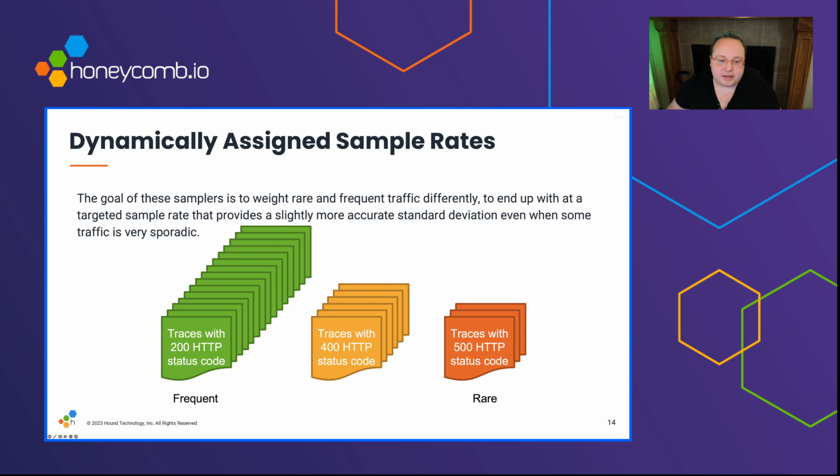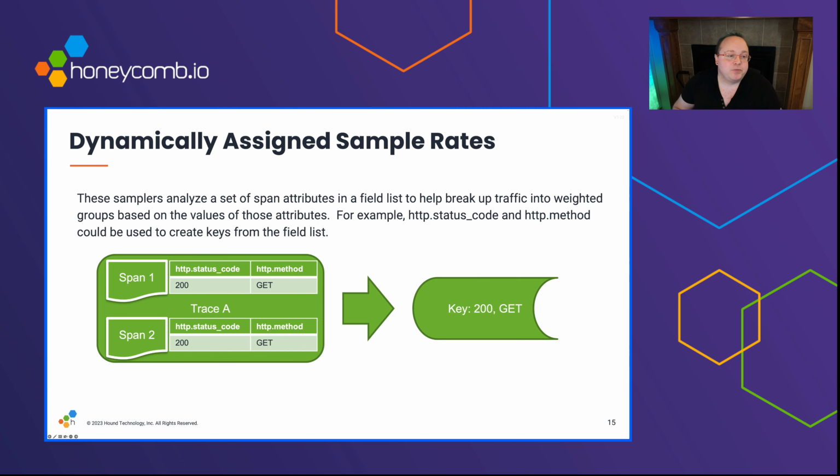Think about your HTTP status codes. You get a lot of 200s, some 400s, and hopefully very few 500s, but you want to make sure you get all the 500s if you can, because those are usually pretty important when you're trying to debug problems that customers are facing.